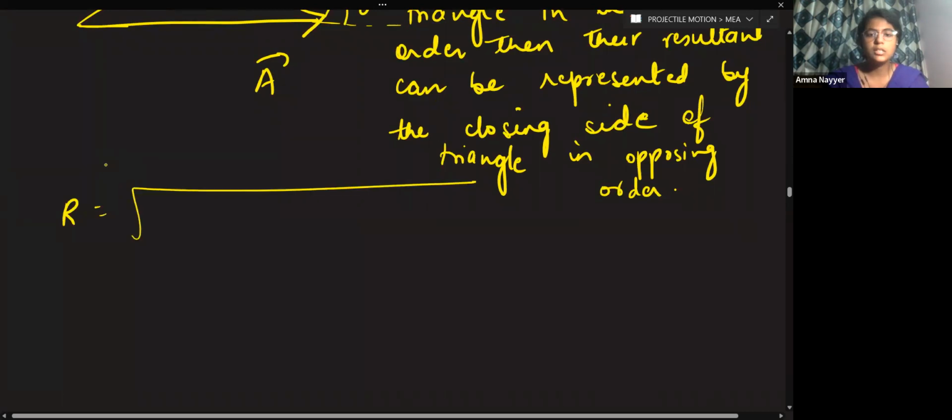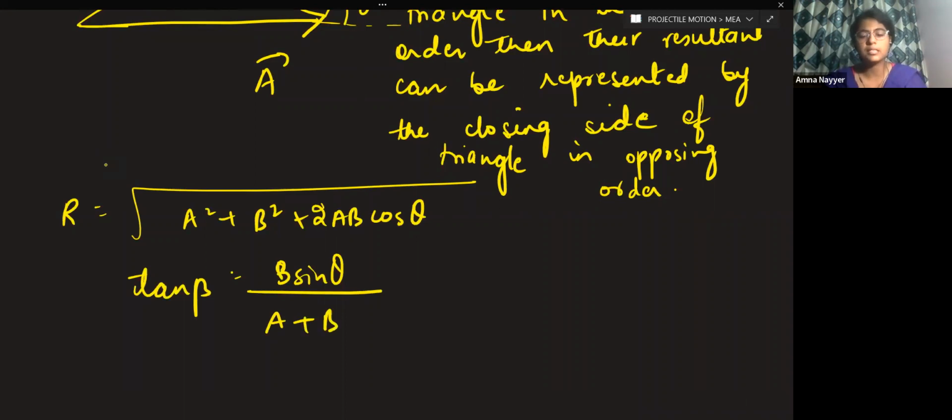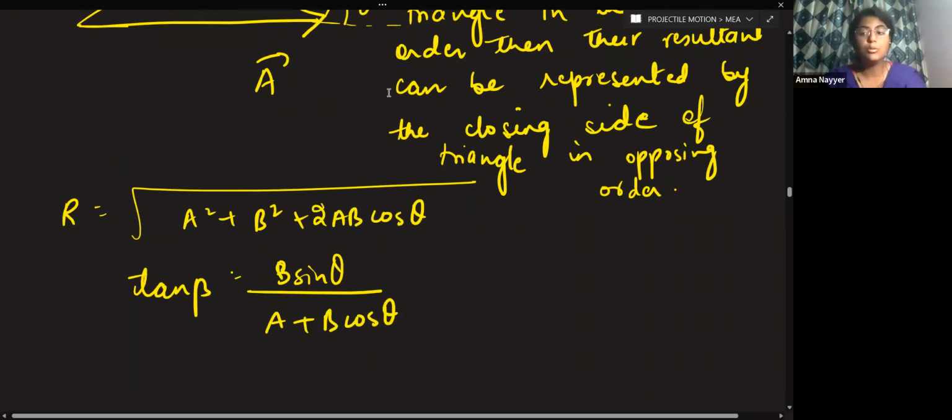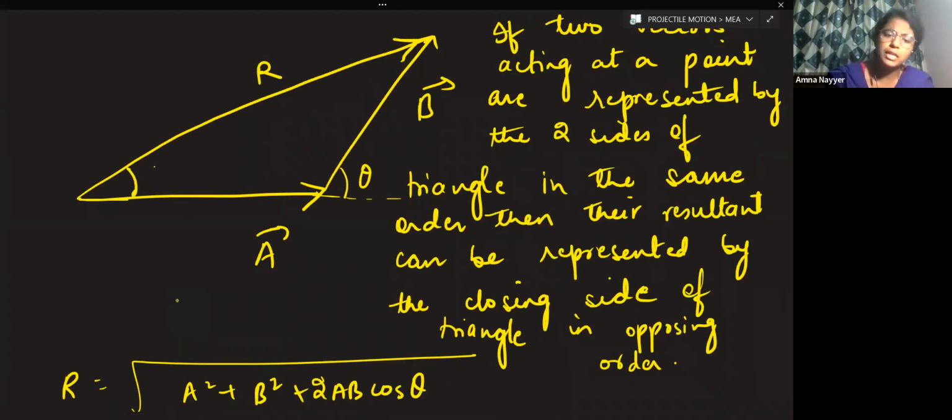Here your resultant is the square root of A square plus B square plus 2AB cos theta, and tan beta is equal to B sine theta divided by A plus B cos theta. How to choose beta over here? It is the angle the resultant makes with A. So here beta won't have any effect, just theta will.